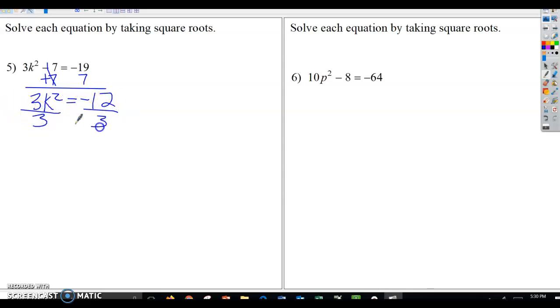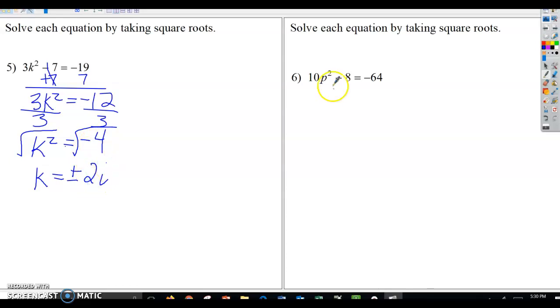Divide by 3. k squared equals negative 4. Take the square root to get rid of the squared term. So I'm going to have k equals. Anytime we take the square root, we're going to have plus or minus. Okay? And then the square root of 4 is 2. We got the negative 4, so it's 2i.